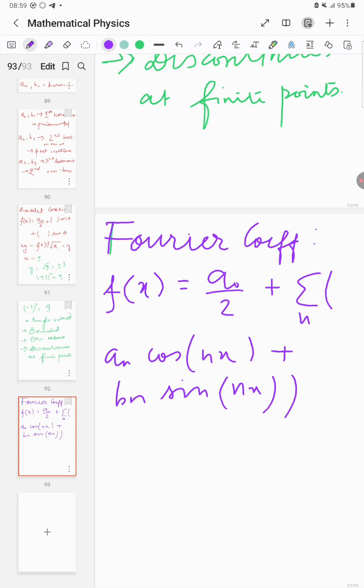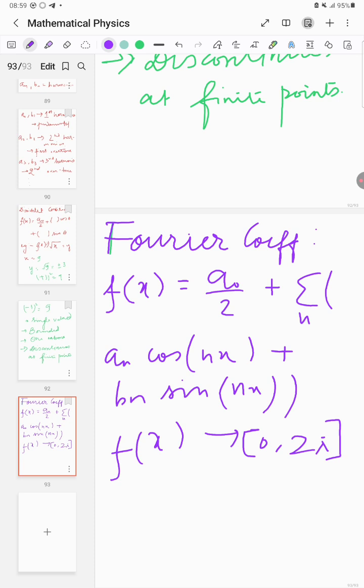So let us define f of x in the interval. For example, let us take an example. So let us define f of x in the interval 0 to 2 pi. All right, so what does this mean? That 0 to 2 pi is the interval in which f of x is defined.